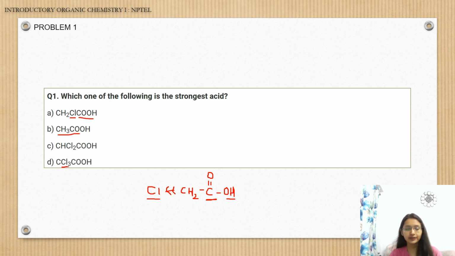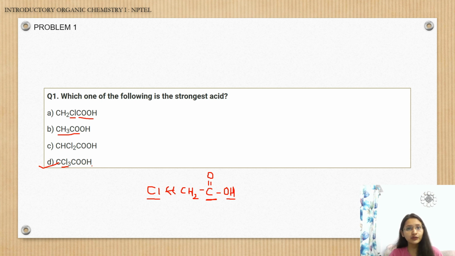So here comes the role of the electronegativity of the chlorine atom. Increase the number of chlorine atoms and you will observe an increase in acidity because of the electronegative behavior of chlorine.